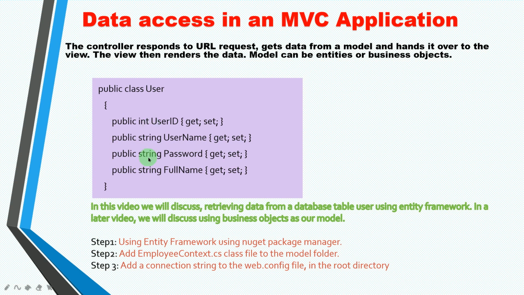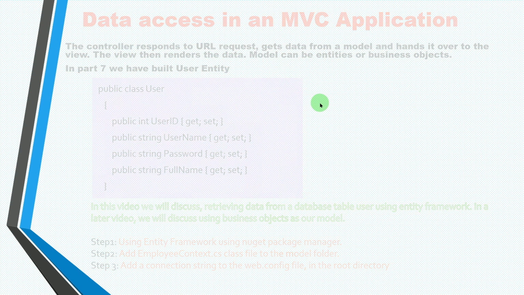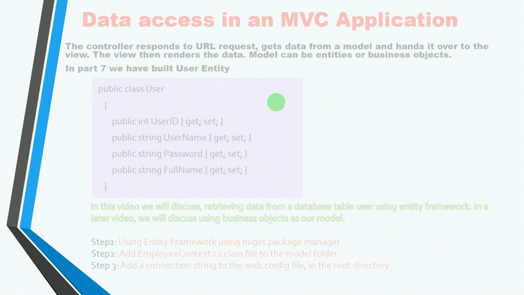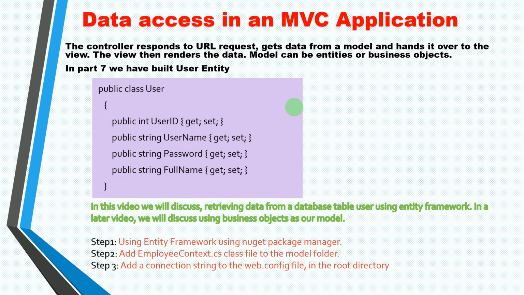This was the previous video's flow: the controller responds to URL requests, gets data from a model and hands it over to the view. The view then renders the data. A model can be entities or business objects. These entities and business objects we will learn in a later session.